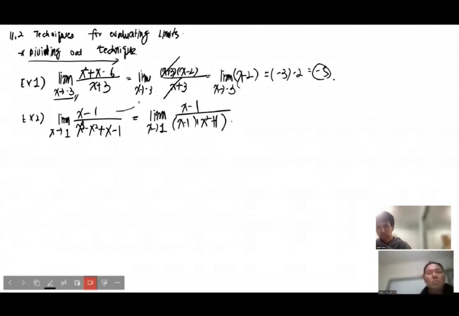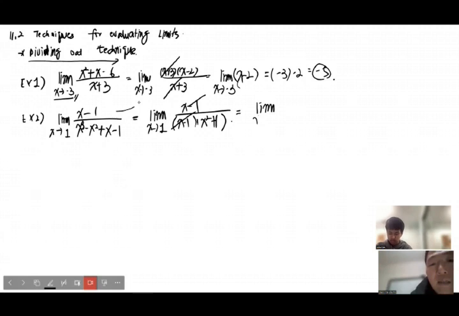If you expand the denominator, (x - 1)(x squared + 1) equals x cubed - x squared + x - 1. So there's a common term in numerator and denominator, so you can cancel out x - 1 from those two positions.